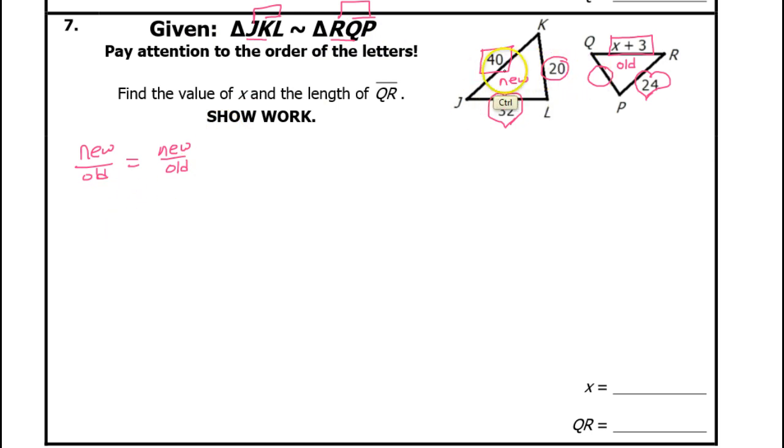So new over old would be 40 over x plus 3, matching up those corresponding sides. Now new over old again. Can't do the circles because this one doesn't have any numbers, but I can do the hearts. So I will do 32 over 24.